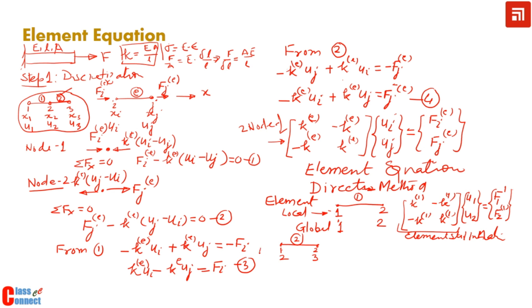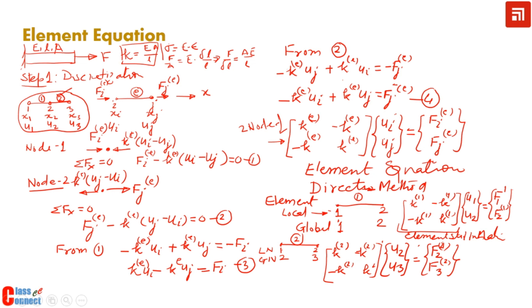So these are local node number and this is global node number. So now we can apply the element equation for element number 2. We can write here this K2. So this is how we can write down the element equation for a simple bar element.